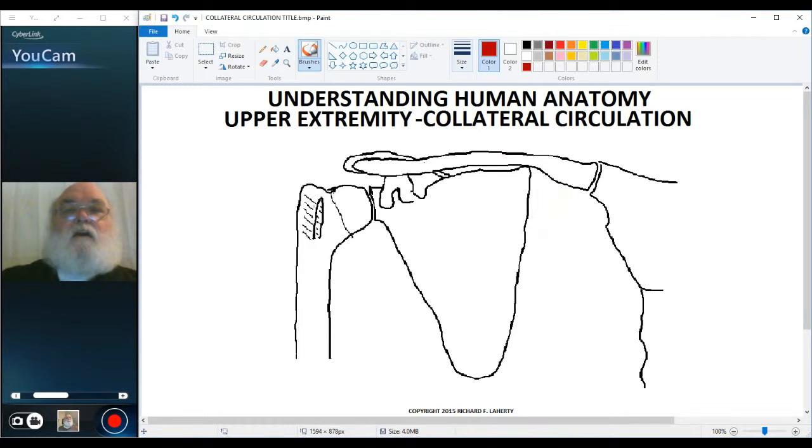Now, I want to start by sketching in the subclavian and axillary arteries, and then turning into the brachial artery.